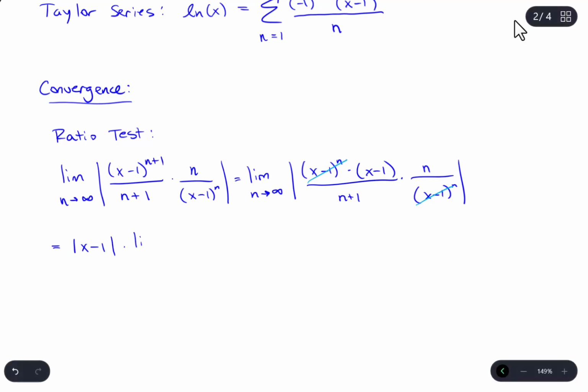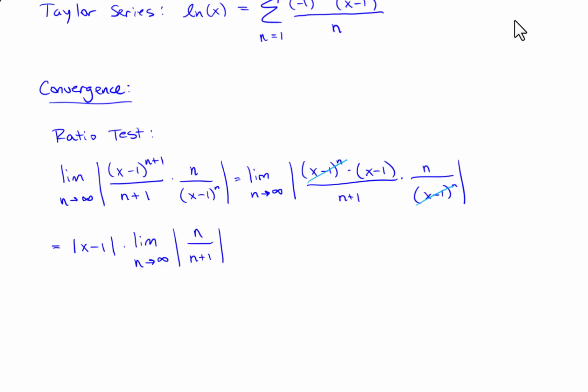So it's that times the limit as n goes to infinity of n over n plus 1. And then by rules of rational functions, this infinite limit, the degrees are the same, and therefore this would go to positive 1. So this whole limit goes to 1.